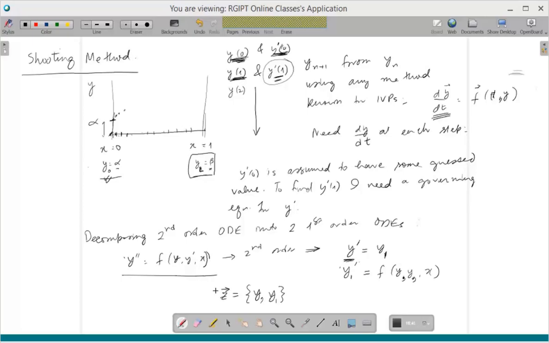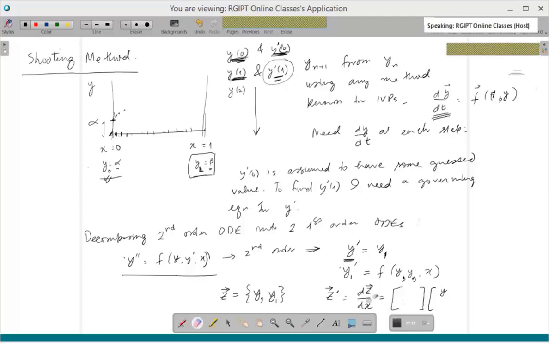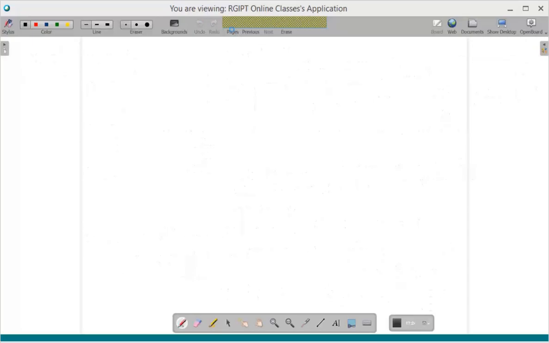So basically z prime, which is dz by dx, is given by a matrix times z.